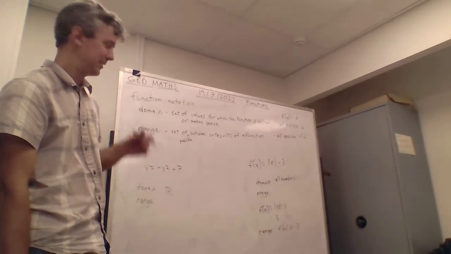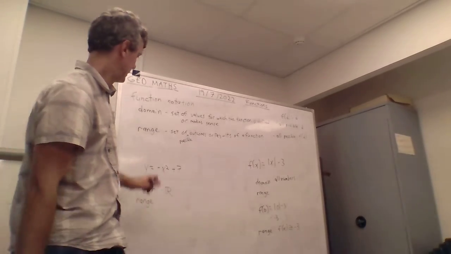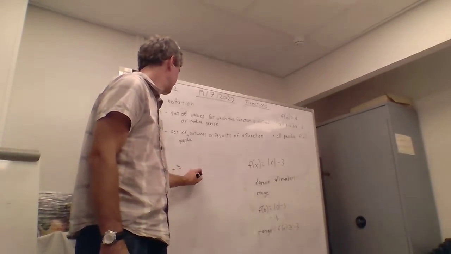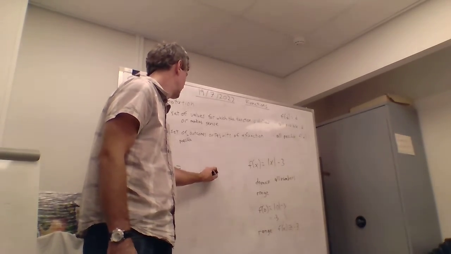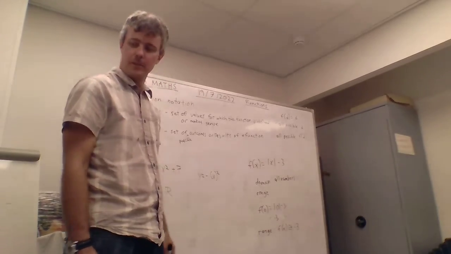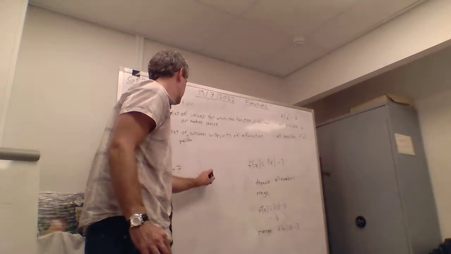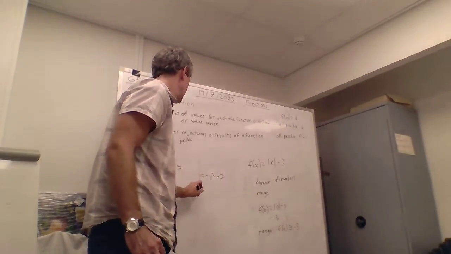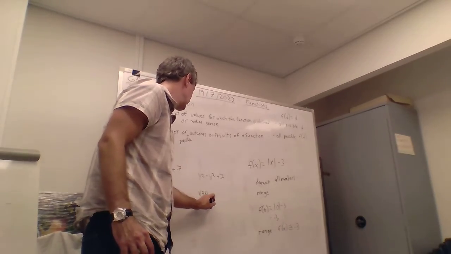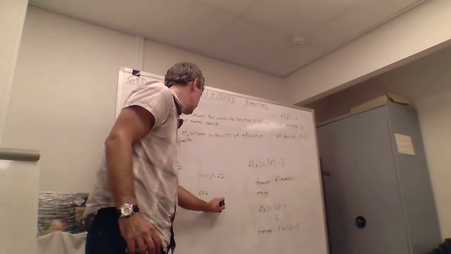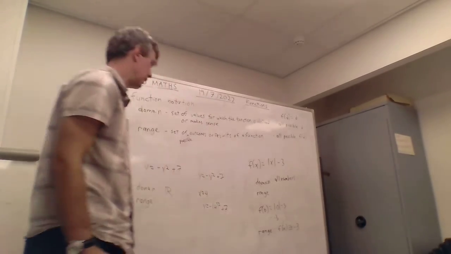Okay? In this case, when we write negative x squared, this is what we mean: negative x squared plus 7. If x equals 4, I put y equals negative 4 squared plus 7, right?